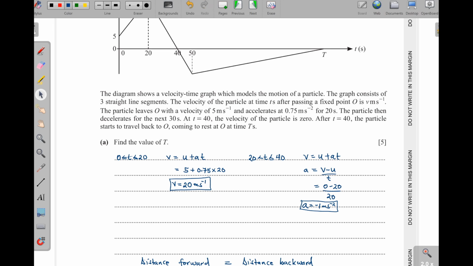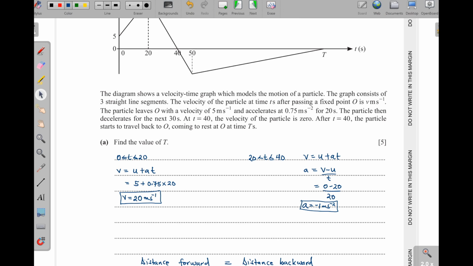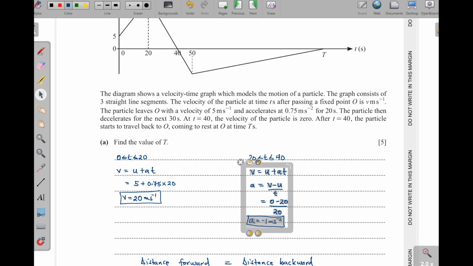So let us have the third segment from 40. In fact, let me reorganize this, put this one here, then put these ones under this one.